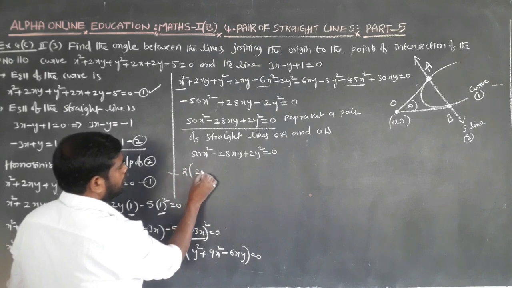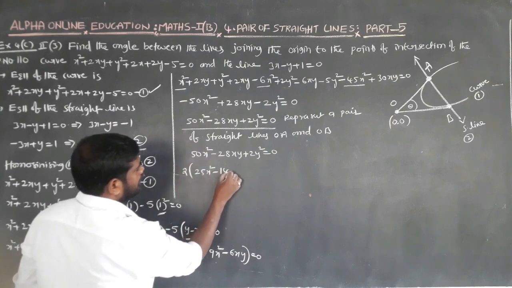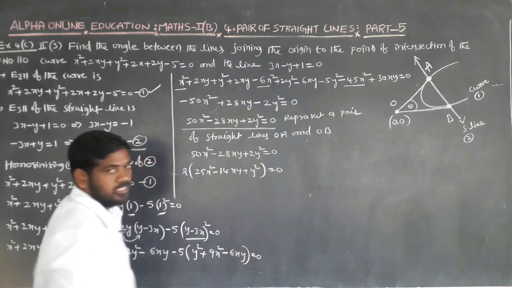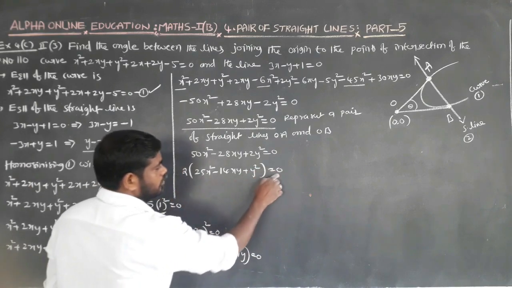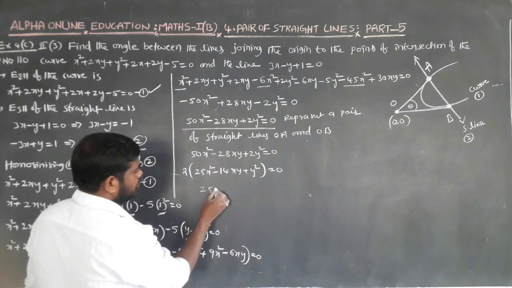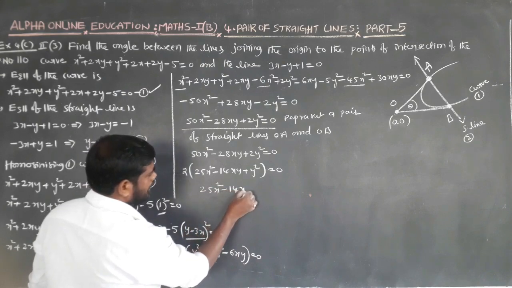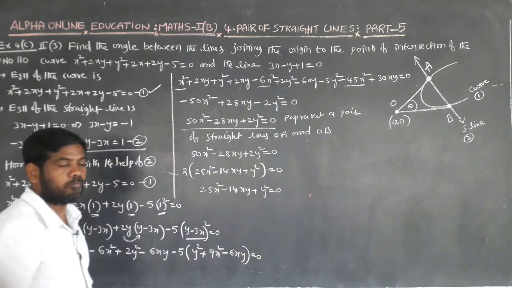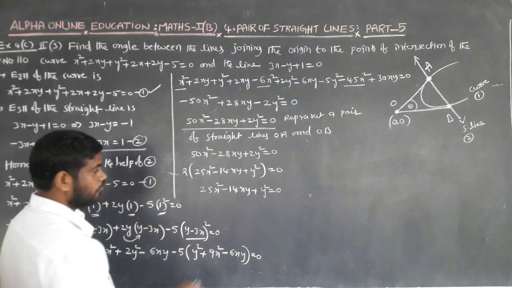Taking 2 common, 2 25s are 50, 2 14s are 28, 2 1s are 2. So 25x square minus 14xy plus y square equal to 0.